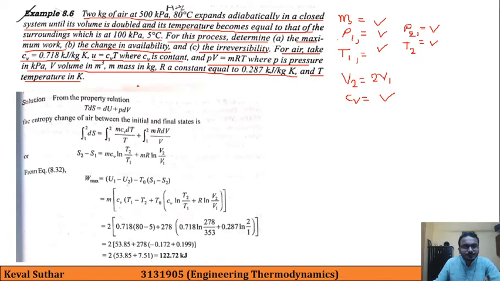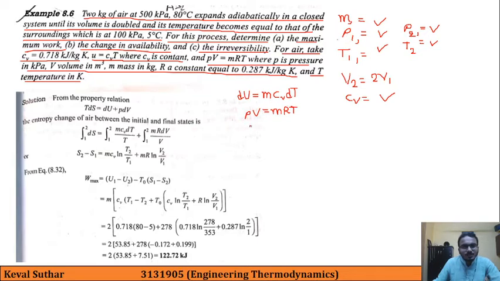Here if you see, instead of dU we have put m Cv dT, and instead of PdV, the relation which is given in question is PV is equal to mRT.